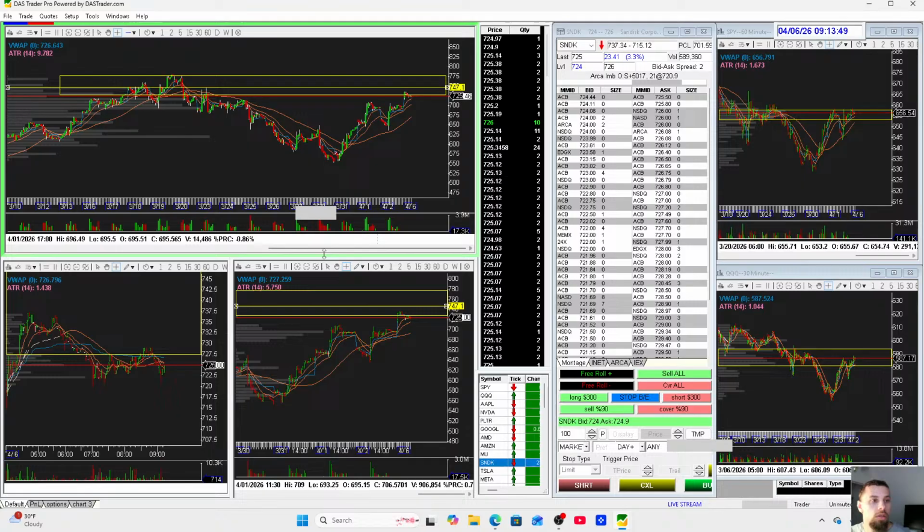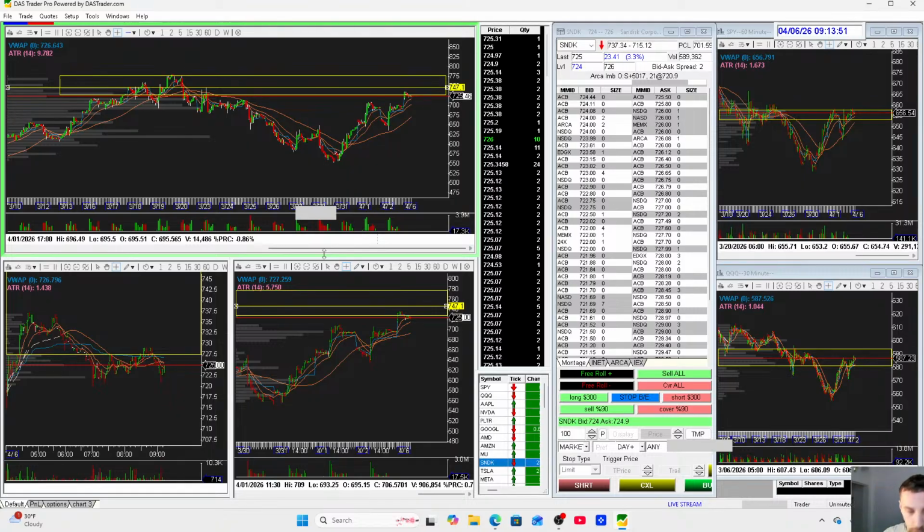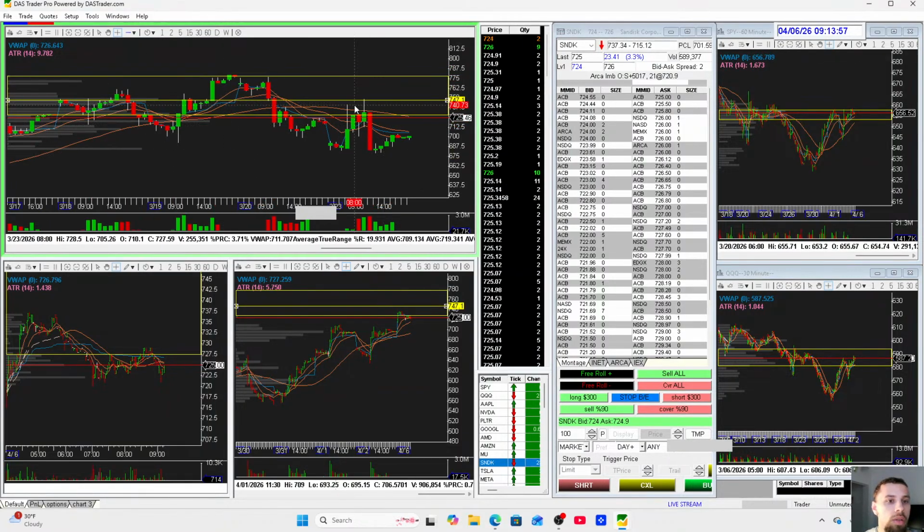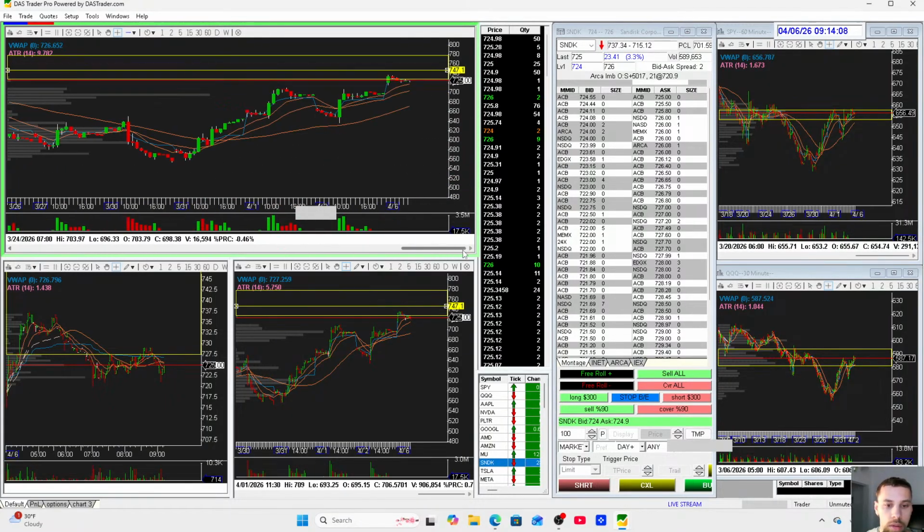So a couple lines drawn up. We have our support and resistance. I added an extra line. If we look left here, we can see we have quite a few touch points around this 750 level, 747. So lots of liquidity happening around that level. So SNDK, it's interesting.